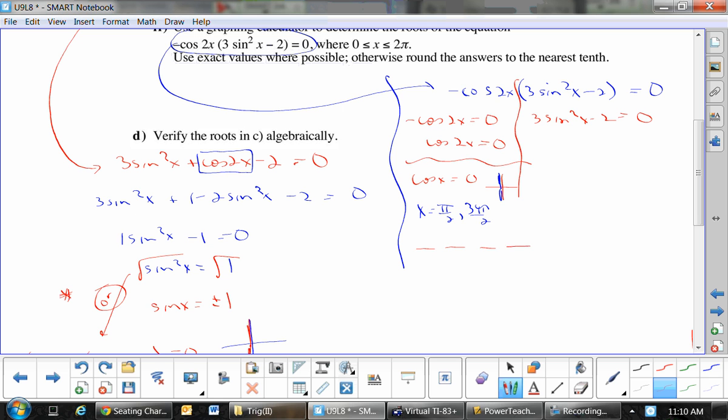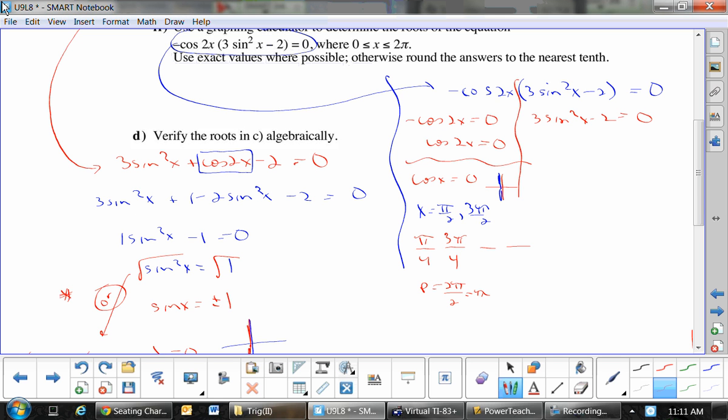What's the first answer if I do a horizontal stretch by 1/2? Pi over 4. The second one, 3 pi over 4. Okay? How do you find the other two? You add the period, which is 2 pi over b, which is 2, so it's pi.